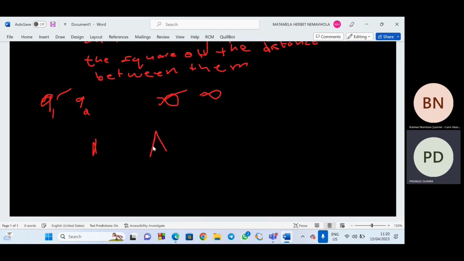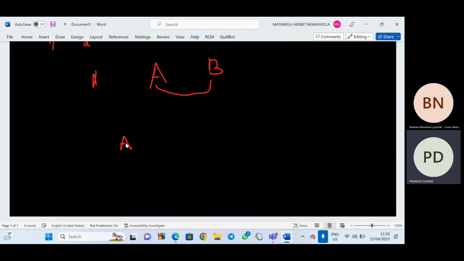If I have an object A that is directly proportional to object B, it means that when A increases, B also increases, or when A decreases, B decreases. The direct proportional relationship becomes a linear, straight line relationship.